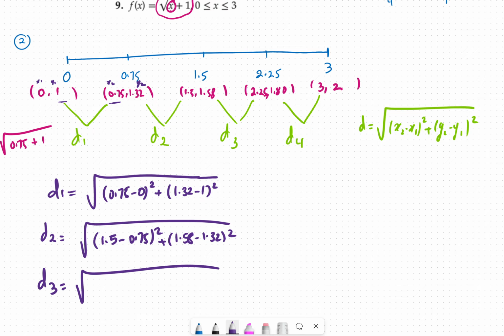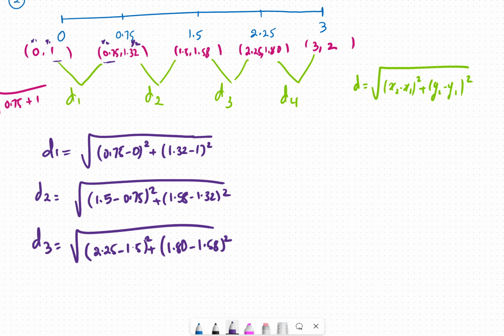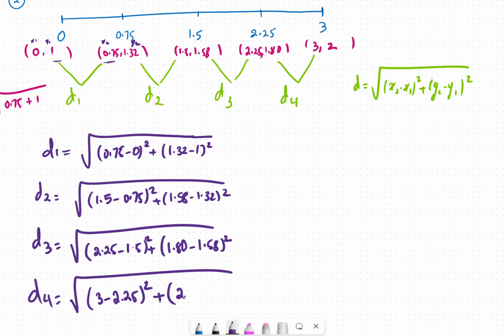Distance 3 will be square root of 2.25 minus 1.5 squared plus 1.80 minus 1.58 squared. Now distance 4, which is the last one, will be square root of 3 minus 2.25 squared plus 2 minus 1.8 squared.